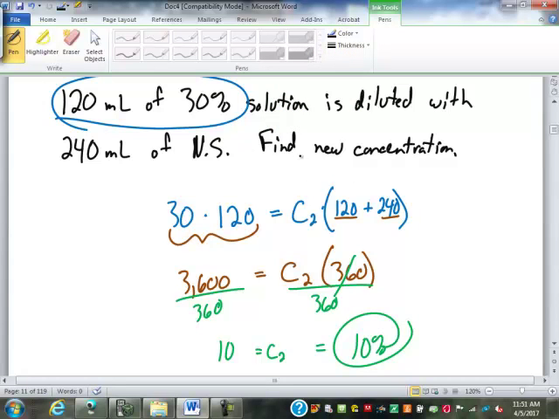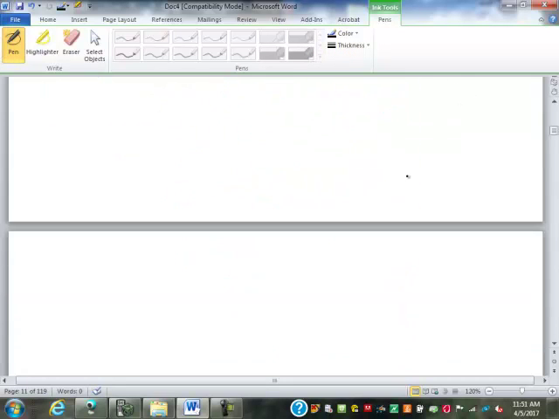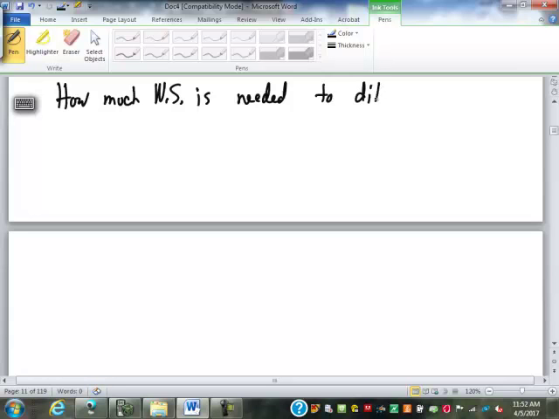We can do this in reverse order. We could ask, how much NS is needed to dilute 300 milliliters of 45% solution down to 20%.